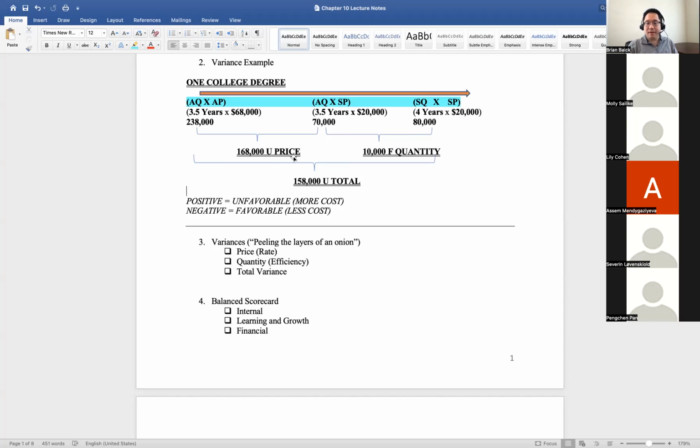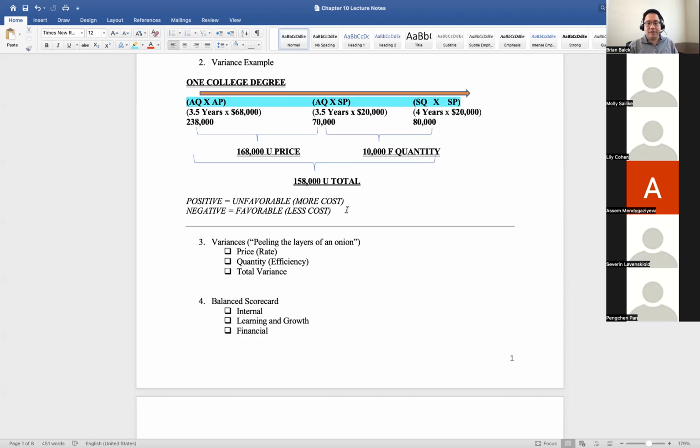But the silver lining, the good thing, is the quantity. I thought I was supposed to spend 4 years in school, but actually I spent 3.5 years. I graduated half a year early. That's why my quantity variance is $10,000 favorable.